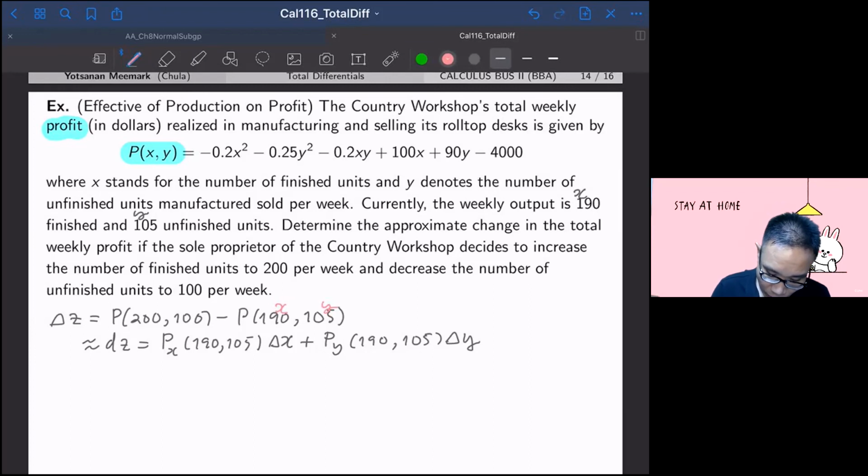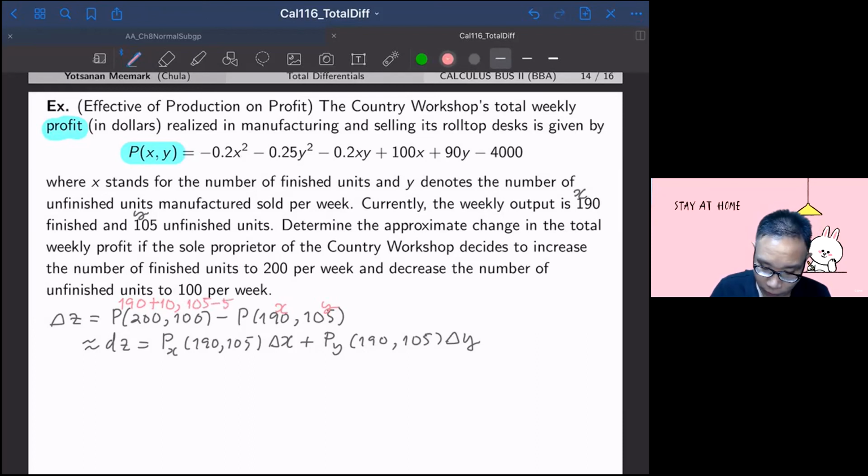You have increased to 190 plus 10, and the other is 105 minus 5.